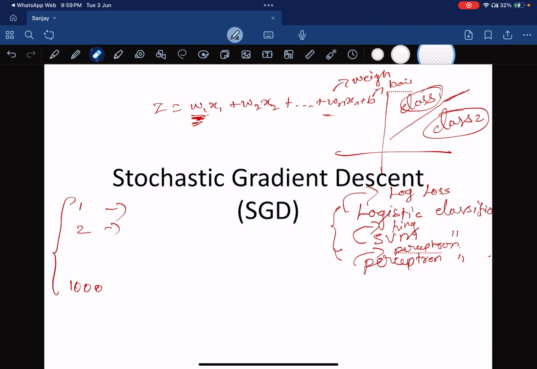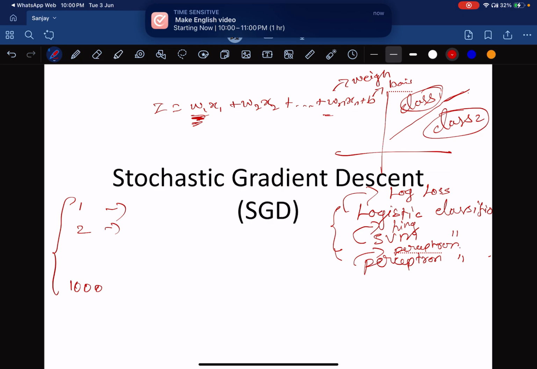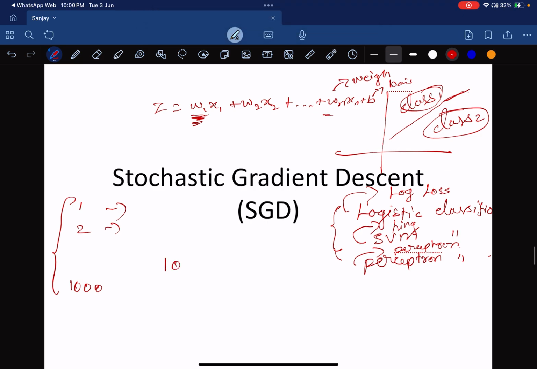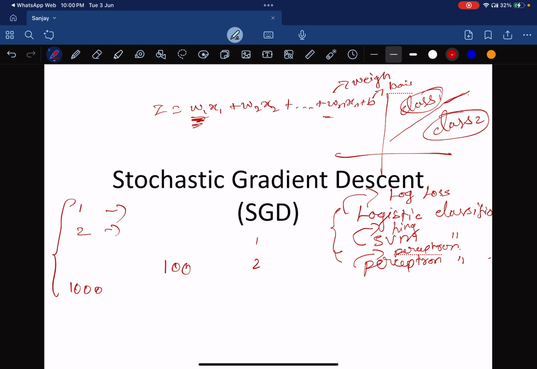It will only train the model using a small amount of the data set. For example, if the entire data set is of size 1000 or 10,000, it will take only a mini batch, for example 100 data points. In other classifiers, it always finds the error for the entire data set, takes the average, and updates the weights, right?